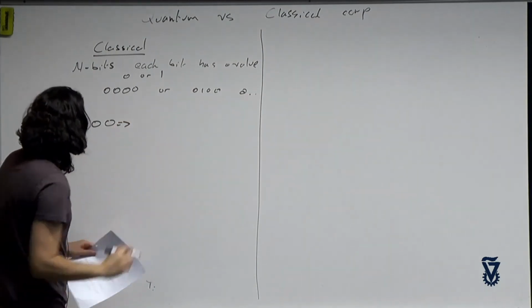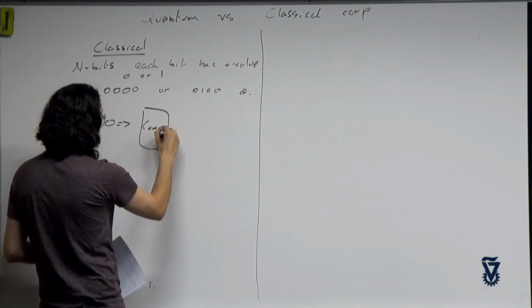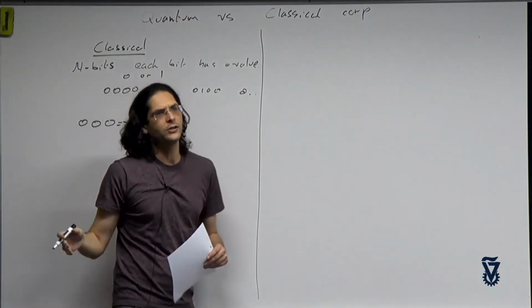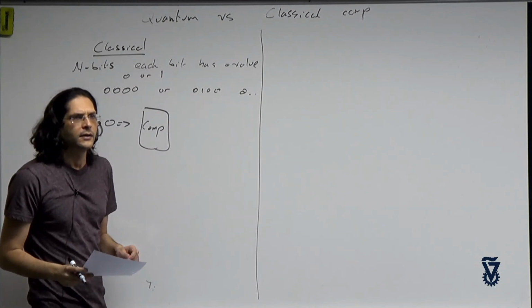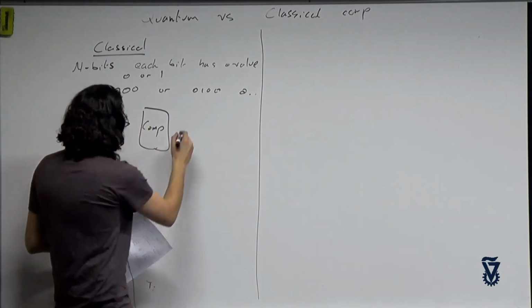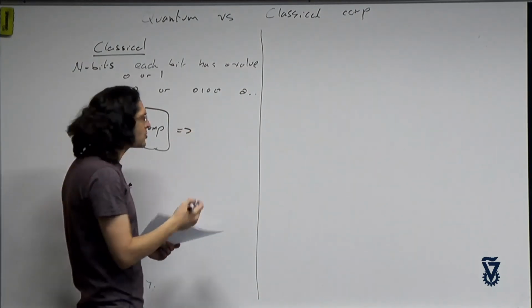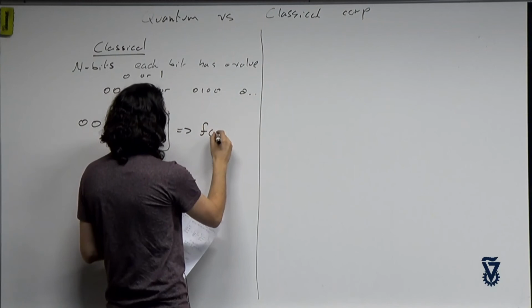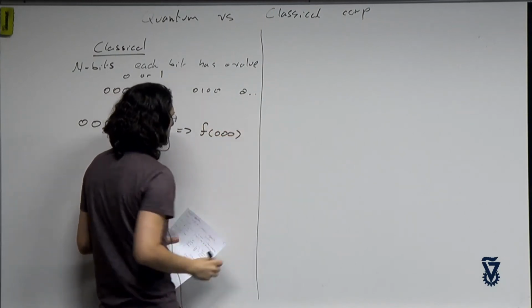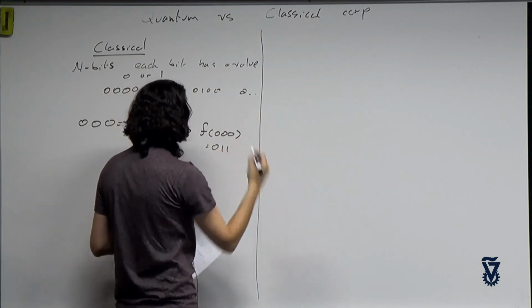And then you would put it into some processor that does some computation. It does some logical operations, XOR, AND, NAND, whatever between these things. And at the output, you will also get 3 bits. And these 3 bits are going to be some function of your input bits. And this could be, for example, 0, 1, 1 or something. That's the answer.